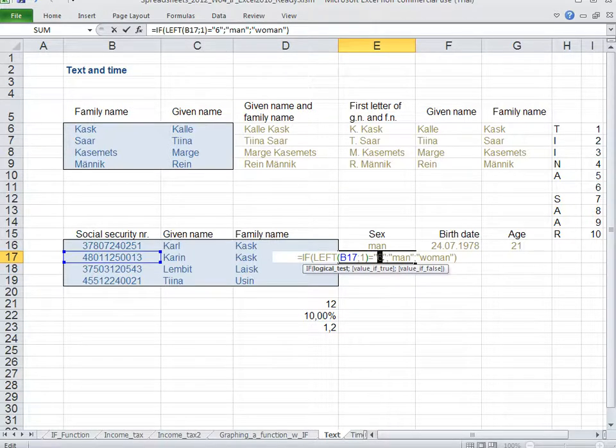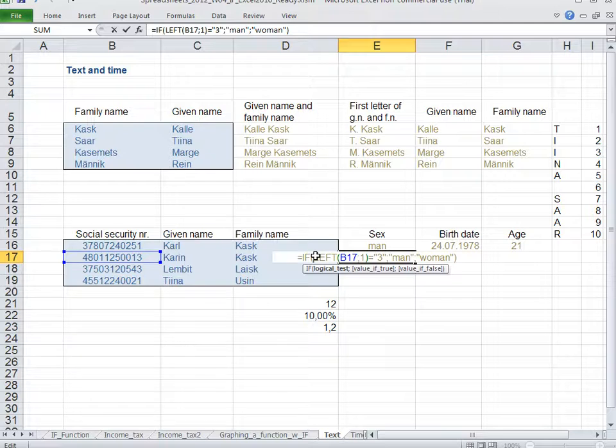Now our if checks for 3, but in order to check for all men, it should also check for 1 and 5. So let's make this if more complex. If we have many comparisons or a more complex comparison, we have to use and or or.